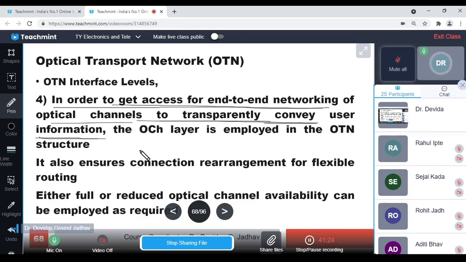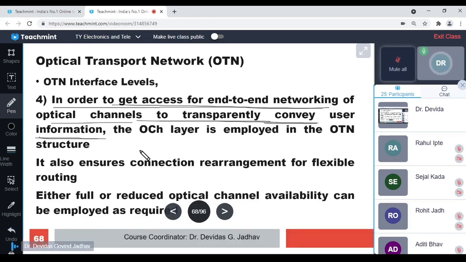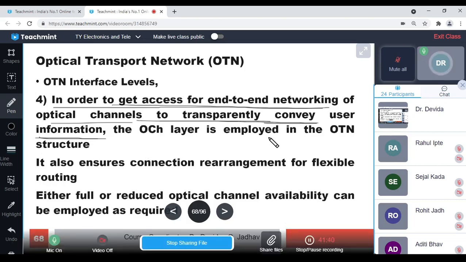So user information will not bother the transmission mechanism. Whatever is encapsulated in the frame will be transmitted, and that information should not bother the end-to-end networking. That is the meaning of transparency. And the OCH layer is employed in the OTN structure.